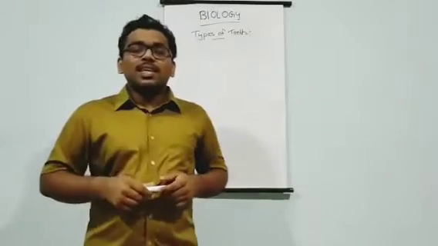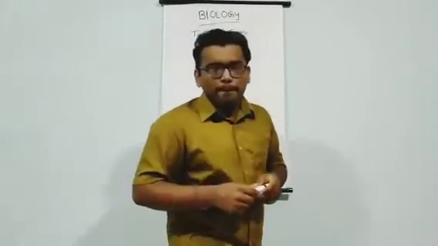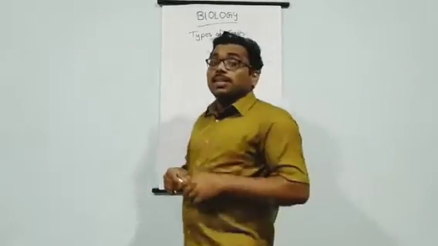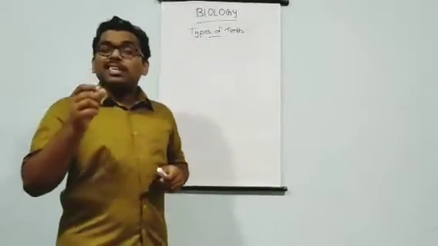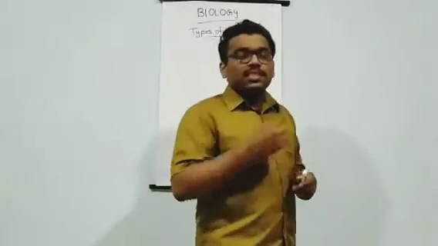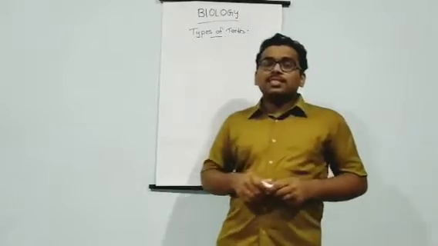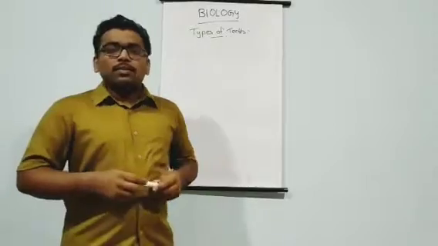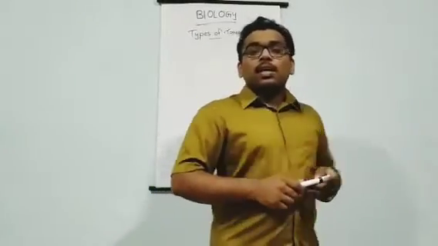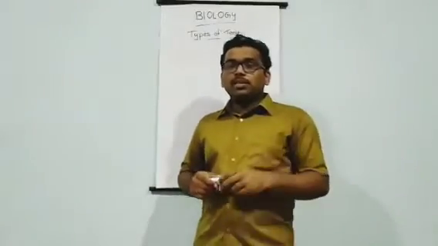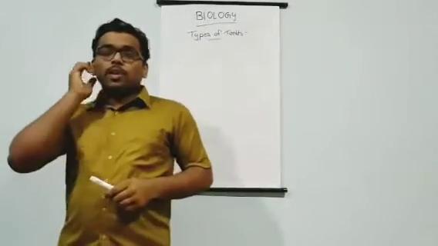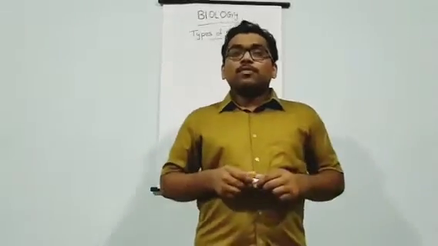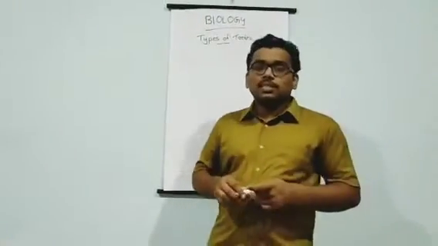Now we will see incisors in detail. Are you ready? Yes. Incisors are the teeth variety that helps us to bite and cut the food. Incisors are the front row teeth. They are the front teeth in mammals. In humans as well as in mammals, the front teeth are the incisors.